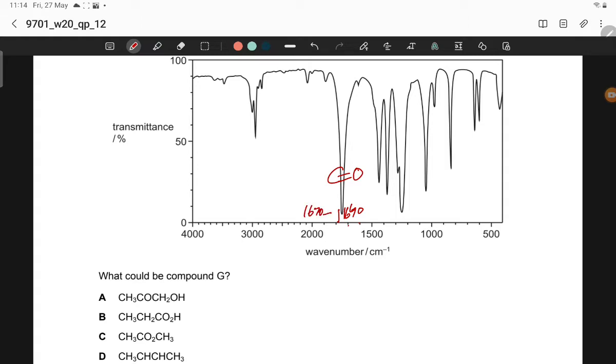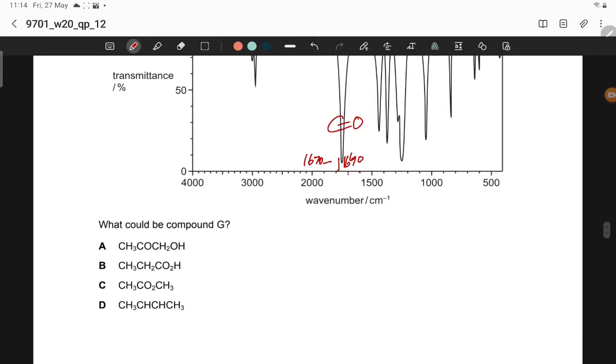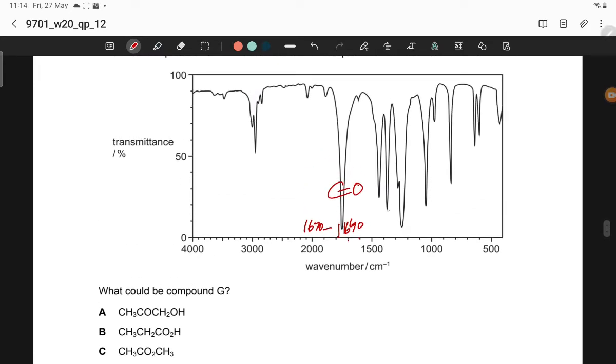So C double bond O is present, and this peak is C double bond O.